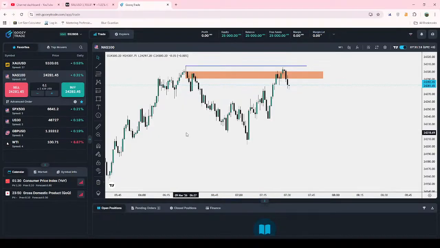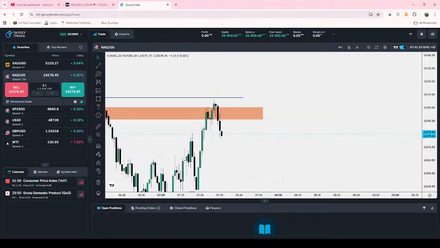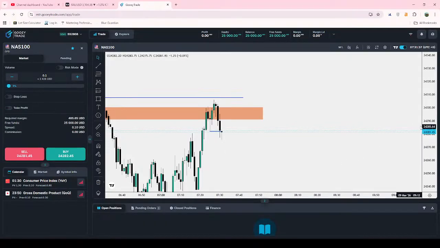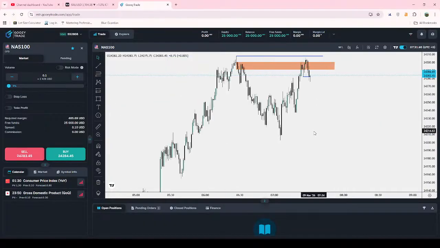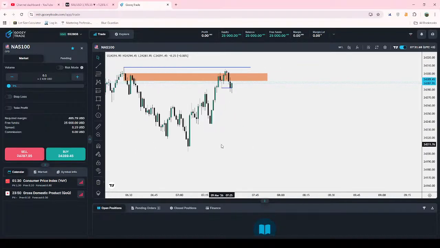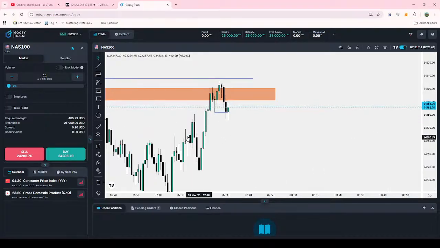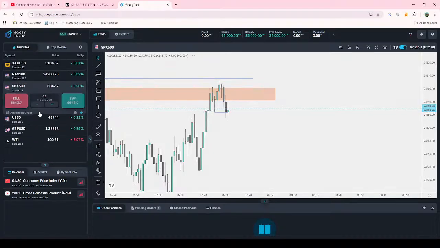But on US 100 it did not respect the inversion fair value gap, and now it has created another breaker to the short side. If we get a body candle close below this, then we can look for shorts. Our target would be this, only if there was a body candle close below this low. So we will wait for our confirmation.